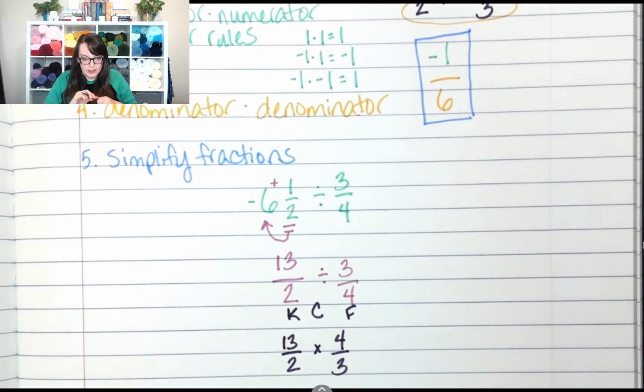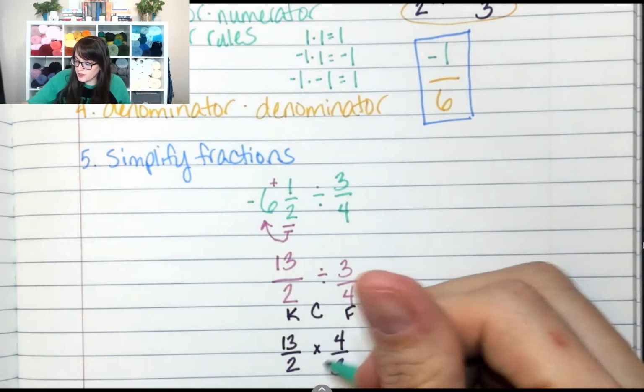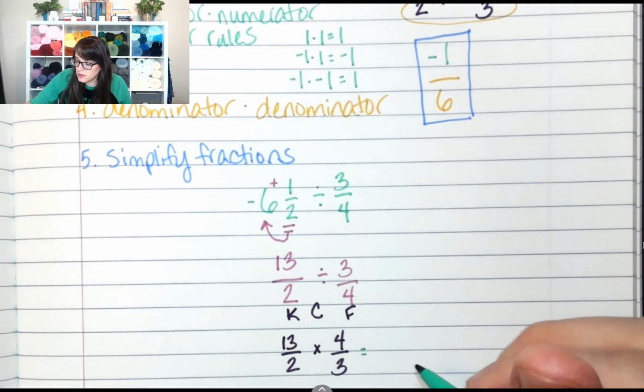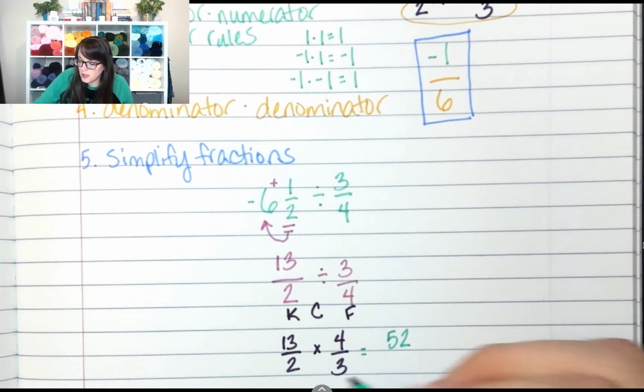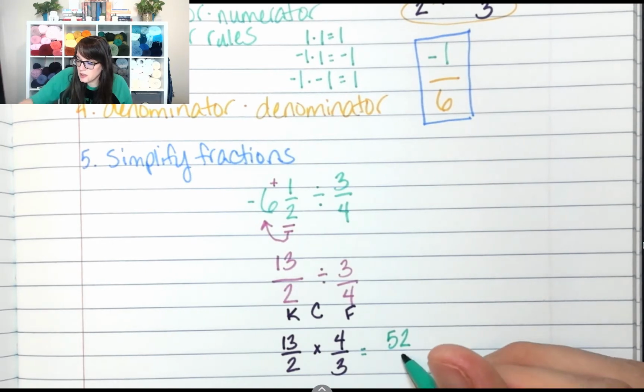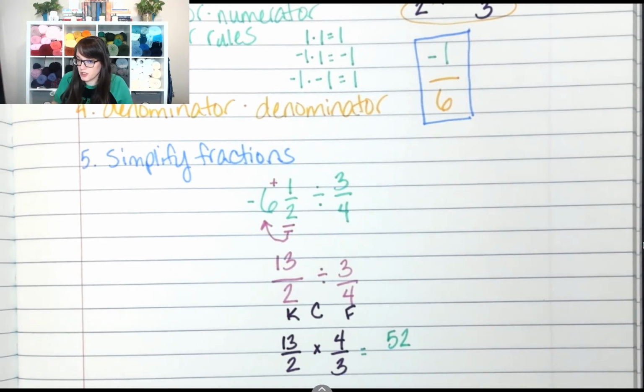And now what do I do? Numerator times numerator, denominator times denominator. So 13 times 4 is 52. And 2 times 3 is 6. Now, can I leave it 52 over 6?